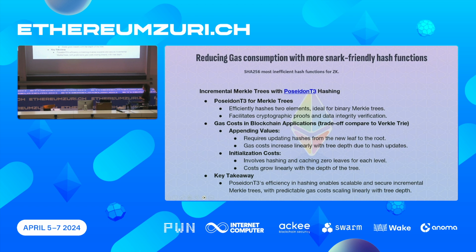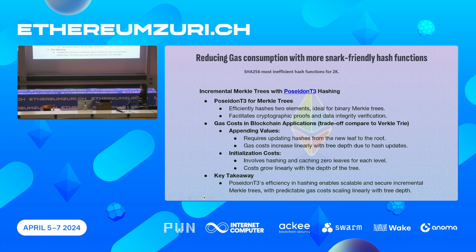It has some good reasons: it efficiently hashes 2 elements, ideal for binary Merkle trees, which they are, and facilitates cryptographic proofs and data integrity verifications. The gas cost, by the way, can also have a trade-off compared to Verkle tries. It's not the best option for just replacing Verkle tries. It is an intermediary solution up to the point that we can have Verkle tries, but at least it's still more efficient than what it is.